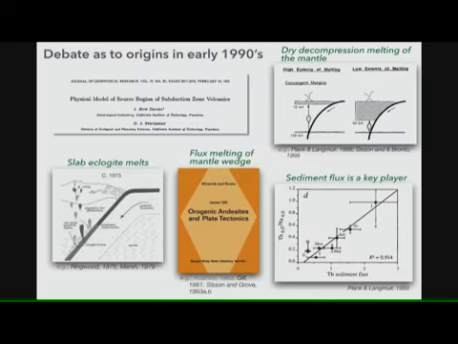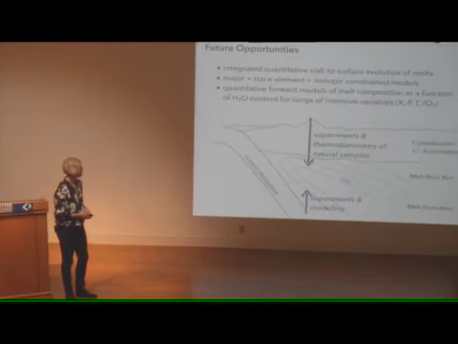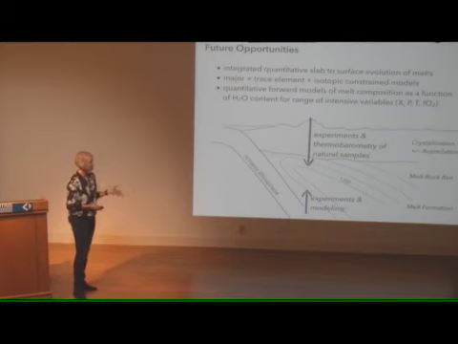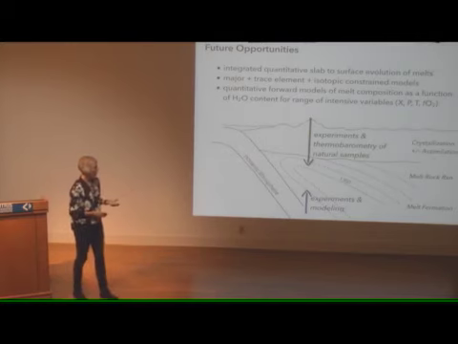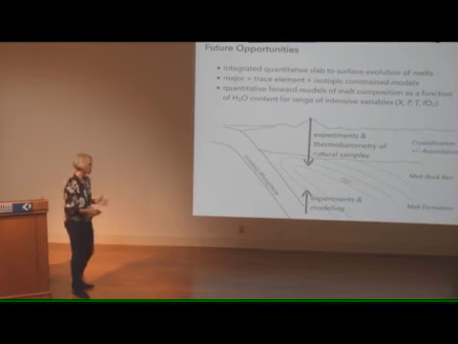And I already talked about how, if we go back to this, I think the answer is, all of these things might be important and not just one of them. And so opportunity, I've said a lot of this already. I think future opportunities include integrating experiments and thermobarometry of natural samples, which are to the point where we can reconstruct where these things were the last time they were in the mantle.